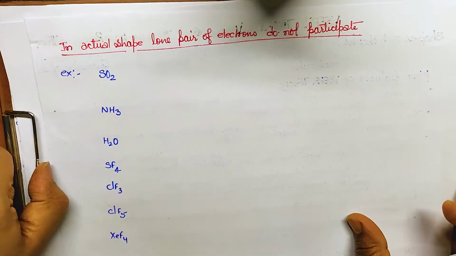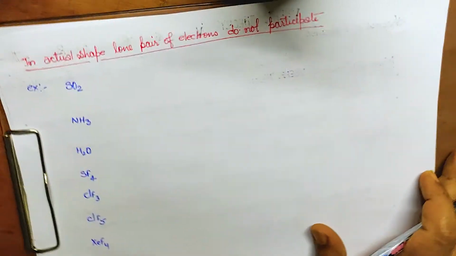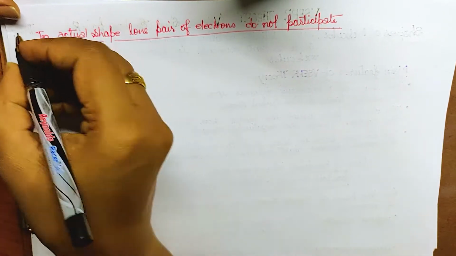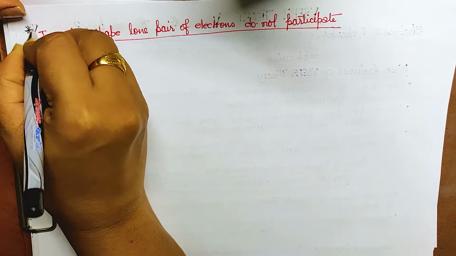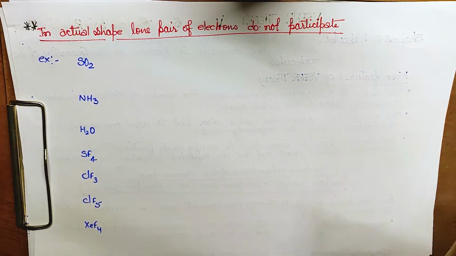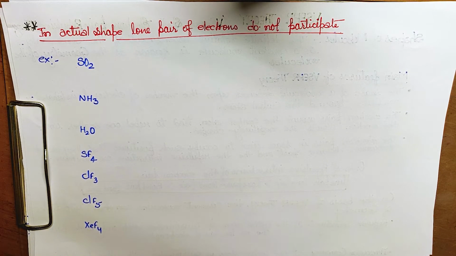Here I have written a few examples. In the actual shape, this is a point you have to learn: lone pairs of electrons do not participate. To make it clear, don't be confused between the shape, the geometry and the structure.